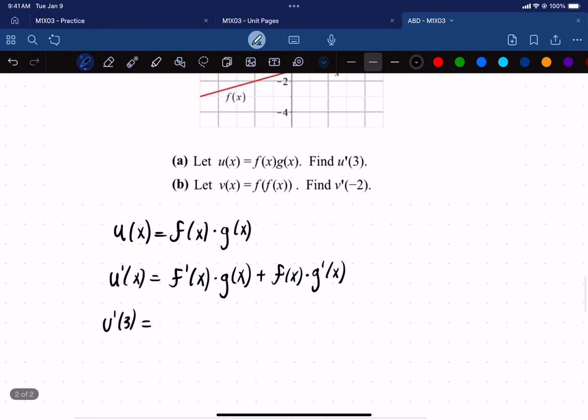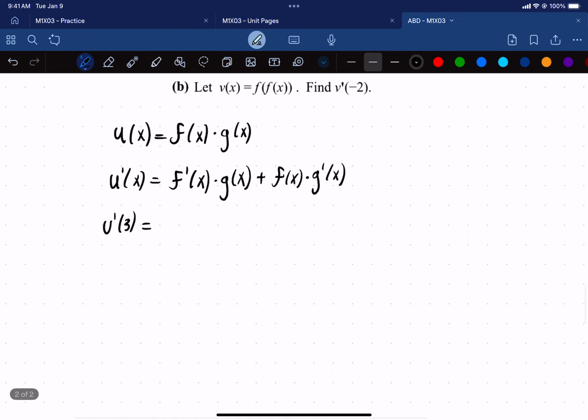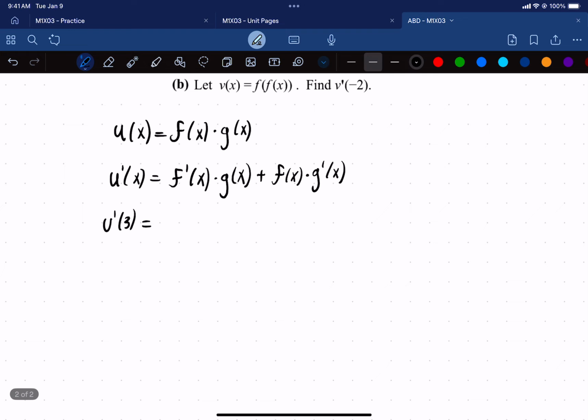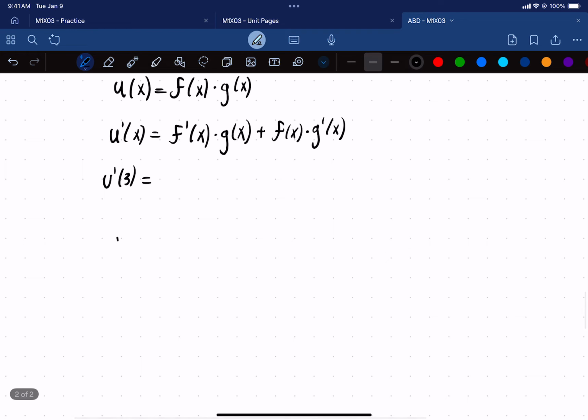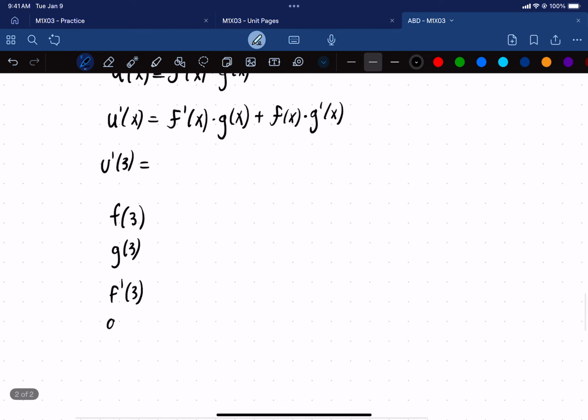So what would that be? So first of all, there are four functions that we need to know in order to plug this in. So let's first find out what f of 3 is. Then we're going to find out what g of 3 is. Then f prime of 3 and g prime of 3.